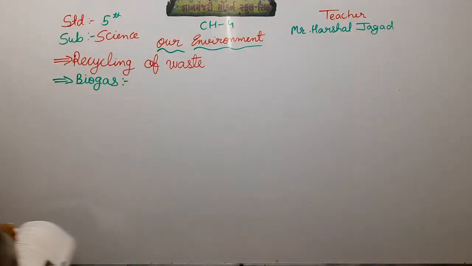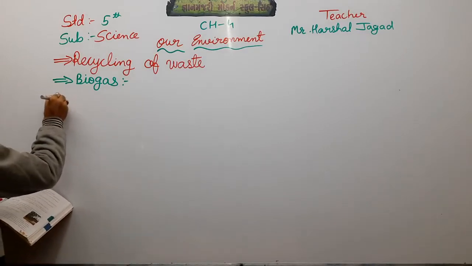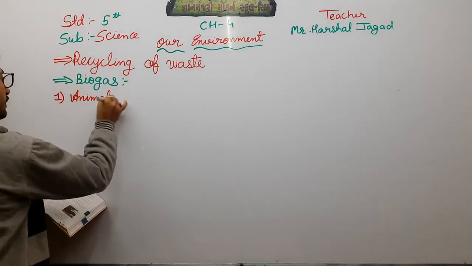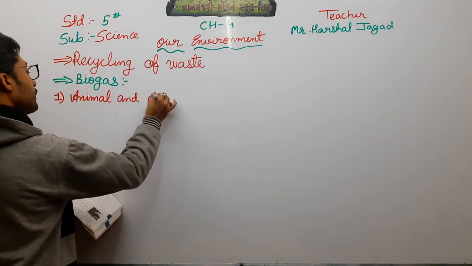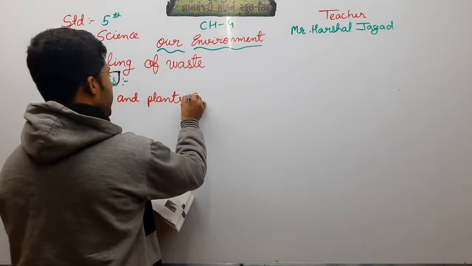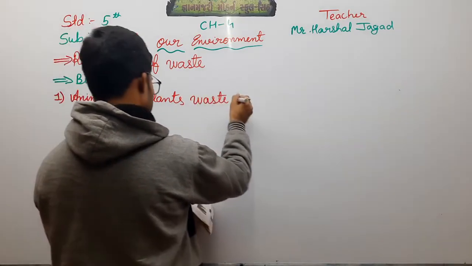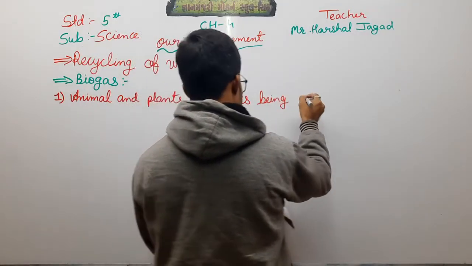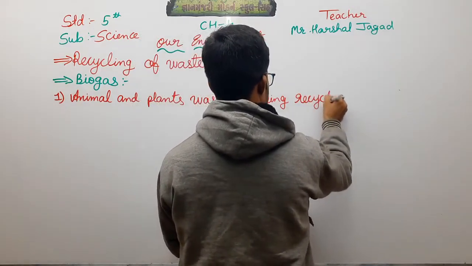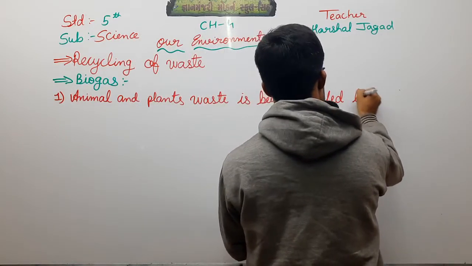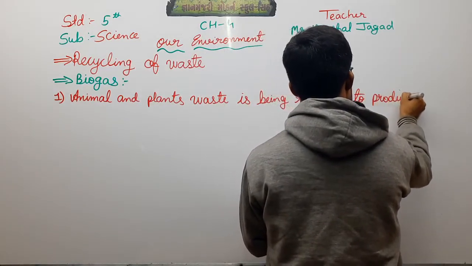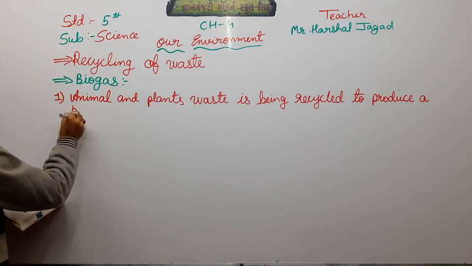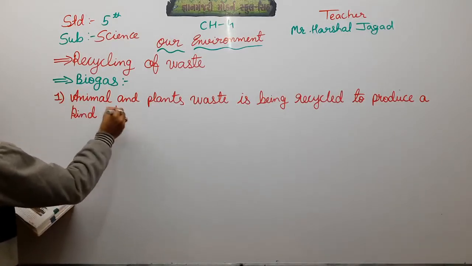The first one: animals and plant waste is being recycled to produce a kind of fuel.